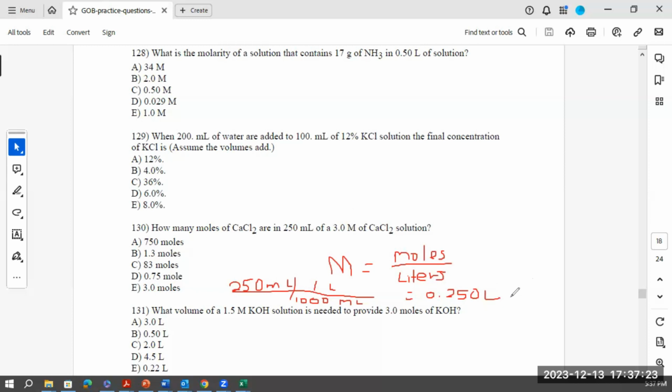So we go that times 3.0 molarity, which is moles per liter. Then our liters cancel out. And so a quarter of that would be, is that 1.33? Don't quote me.